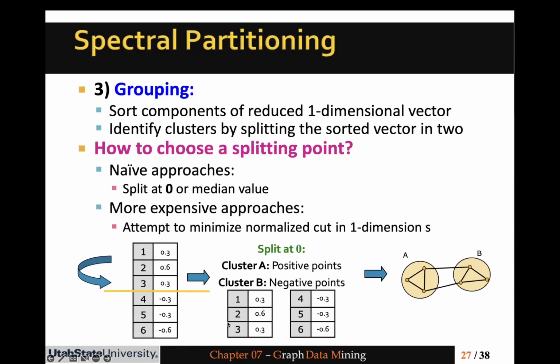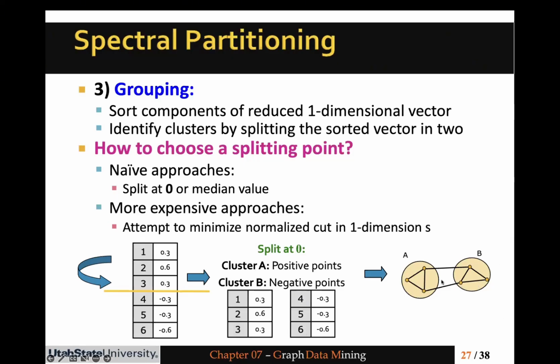Therefore, I can say that we can split at 0, and that will give us two different clusters. One cluster A has nodes 1, 2, 3, and the second, negative cluster B has the three other nodes, 4, 5, and 6.